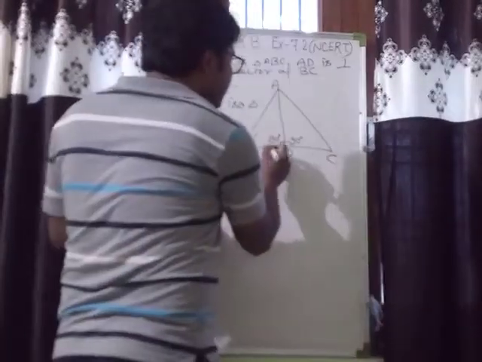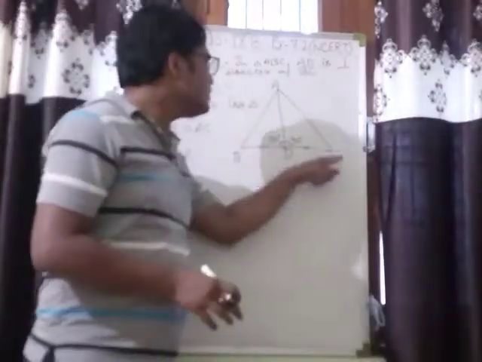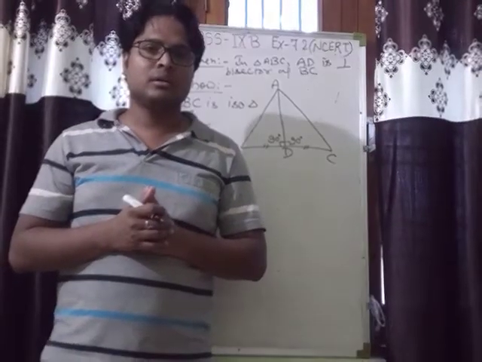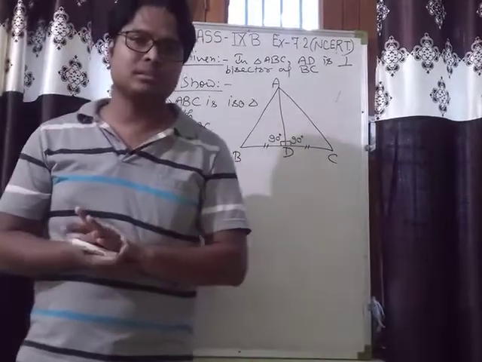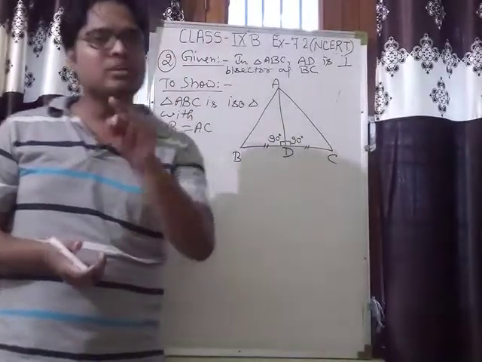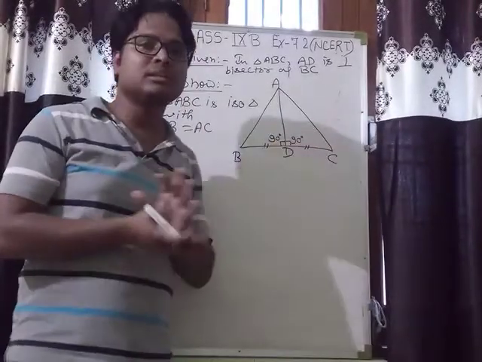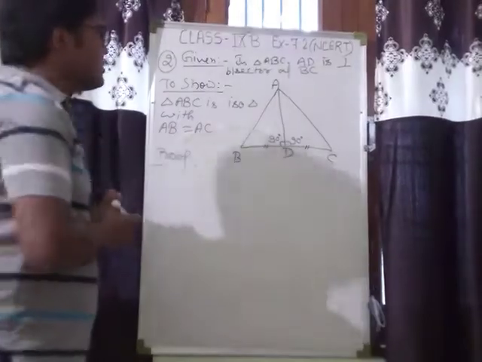Means this BD is equal to CD, and we want to prove this triangle ABC is an isosceles triangle. When will it be isosceles? When its two sides become equal, and those two sides will be AB and AC. Means we have to prove that AB and AC are equal sides. So I am going to prove this. That is a very easy question.